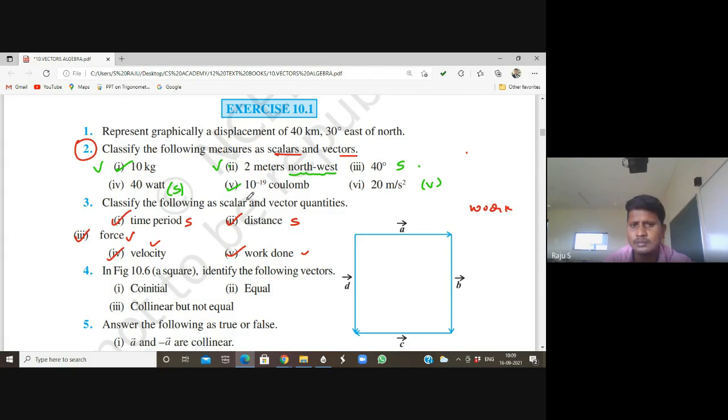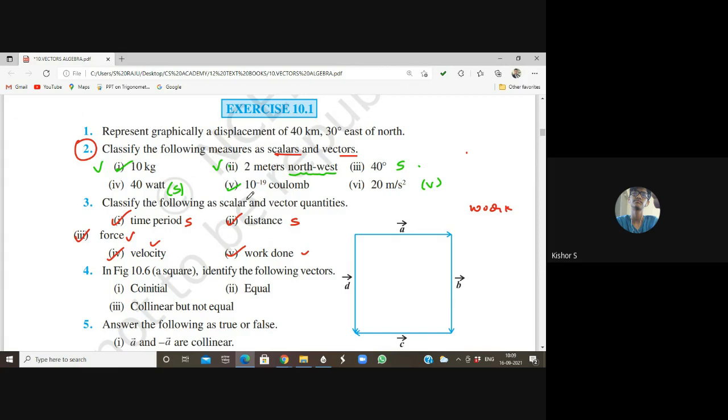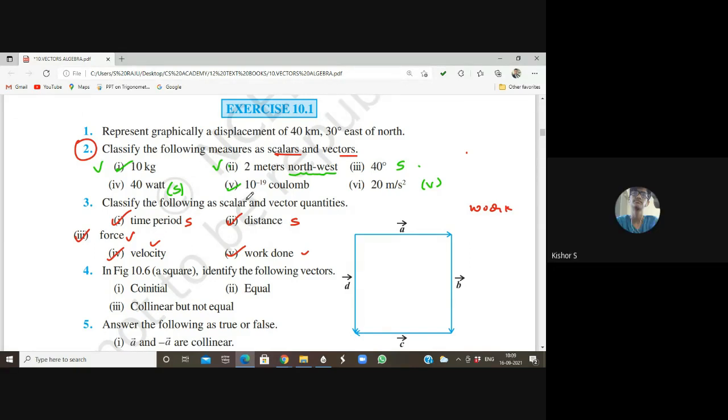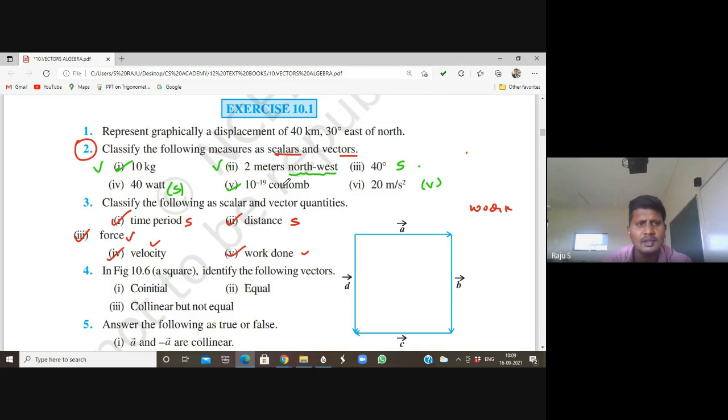Sir, it's a scalar. Sir, I think ampere is a vector, but coulomb is a scalar. Yeah, clearly it is a scalar quantity.